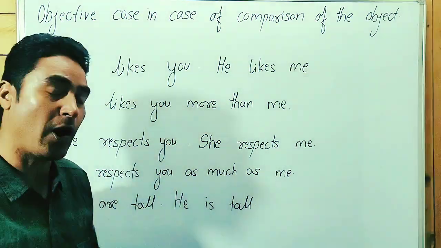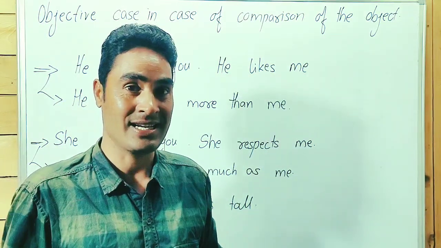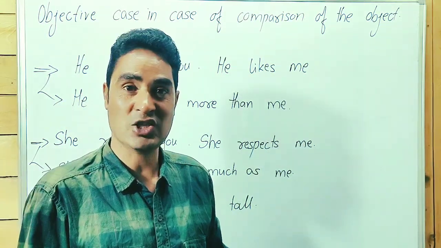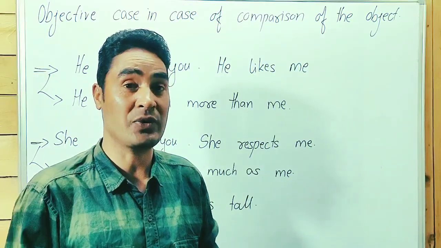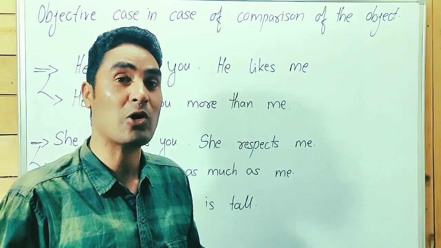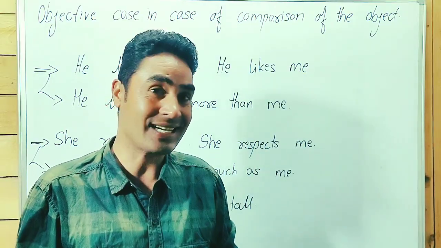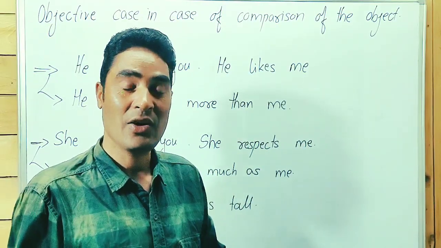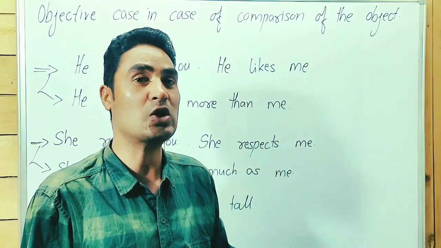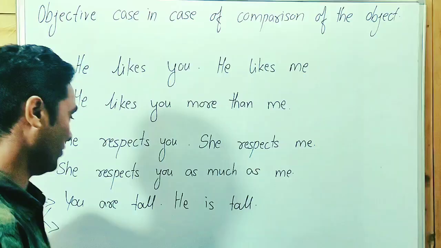I hope you know about compound sentences, complex sentences, mixed sentences. If you don't know, please go to the description and watch the video. The link has been given, because I have explained the types of sentences: compound, complex, mixed sentences. If you haven't watched that video, please go to the home page of the channel or the description and watch it.